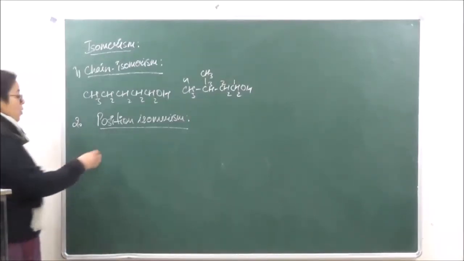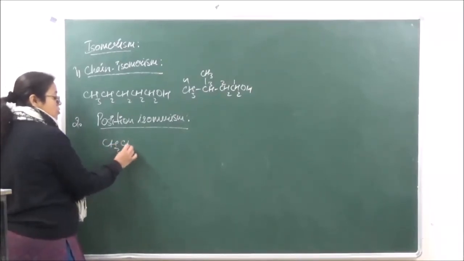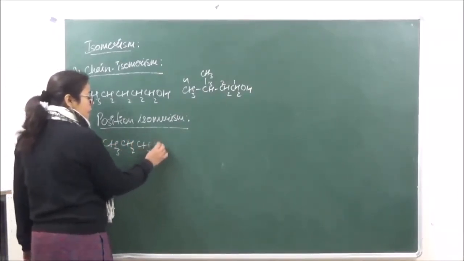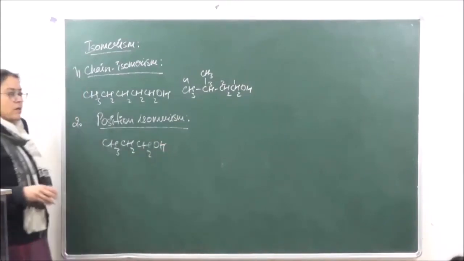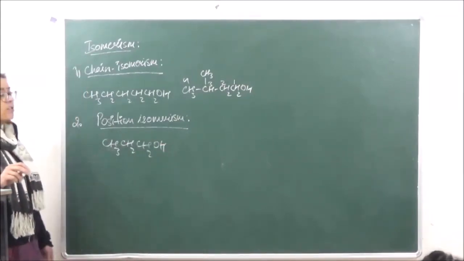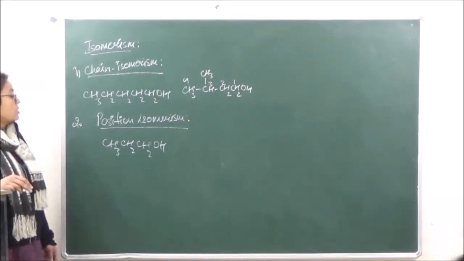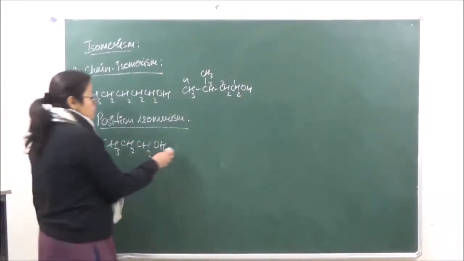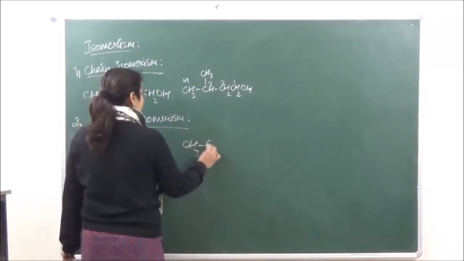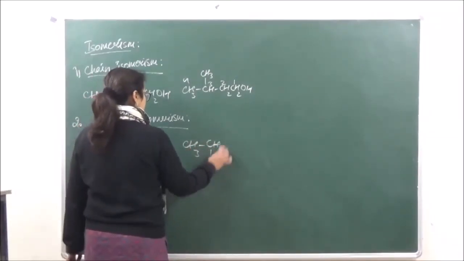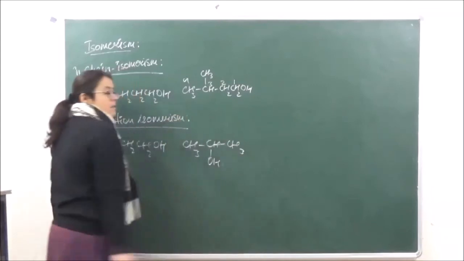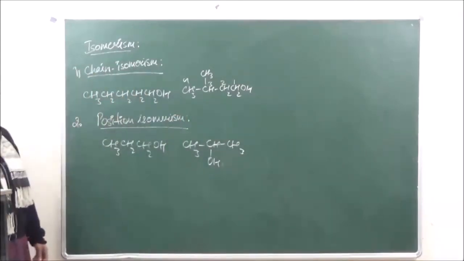So over here if we have CH3, CH2, CH2OH, this is the lowest member which can show position isomerism, that is propyl alcohol or propanol. So this is propane-1-ol. If the position of OH is different, this is going to be propane-2-ol, right? So these are position isomers.